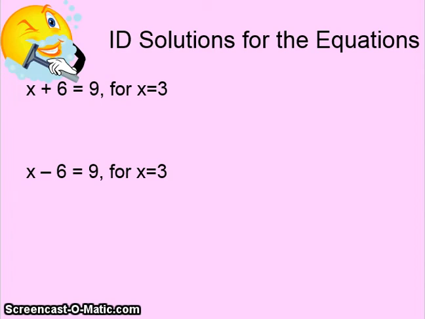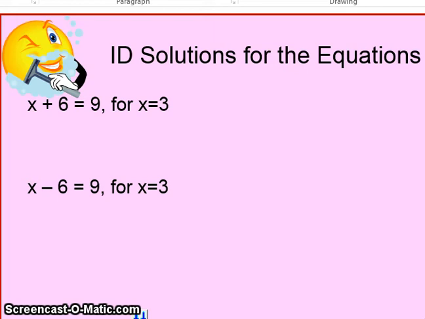Here we need to identify if the given number is a solution for each of these equations. What they're asking in the first example is: is x equals 3 a solution to this equation? Or can we plug 3 in for x in this equation and get a true statement? The only way to know is to try it. So I'm going to plug 3 in for x.